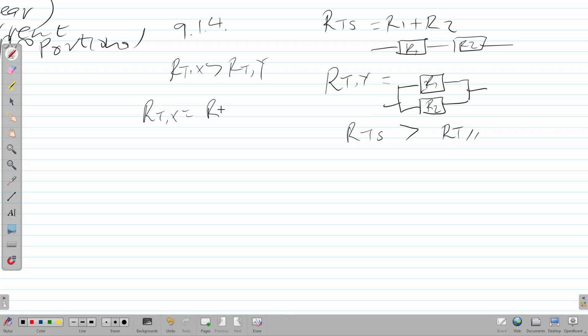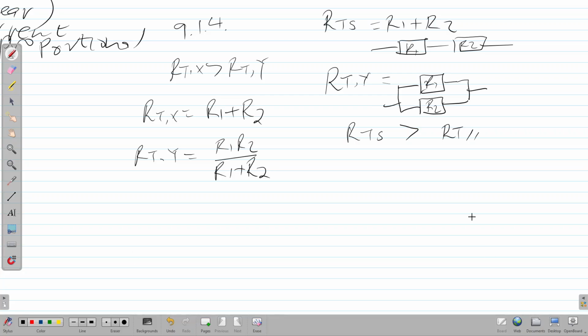So RTX is a series combination because total resistance is bigger than the Y, and therefore RTY is a parallel combination. So then the total resistance is given by these equations here.